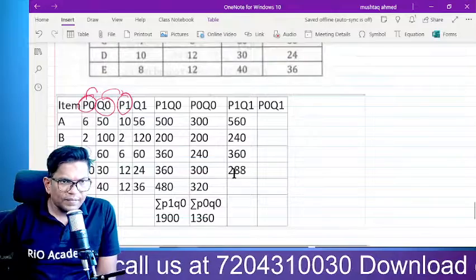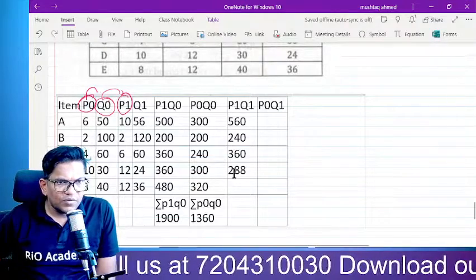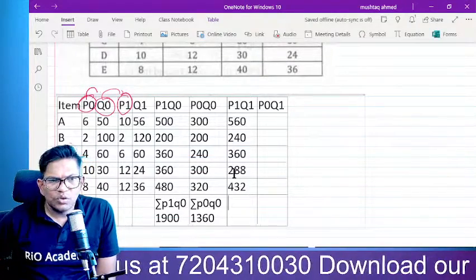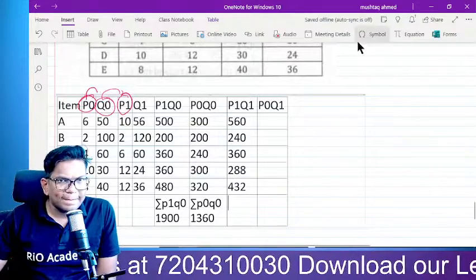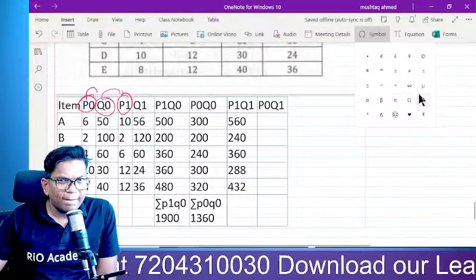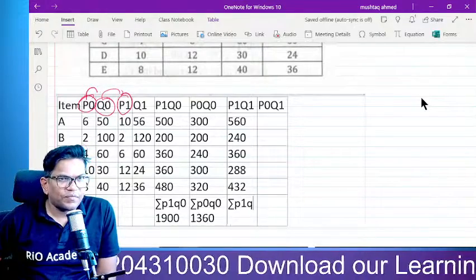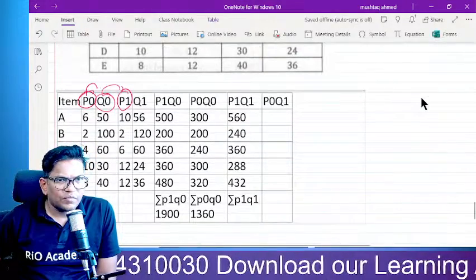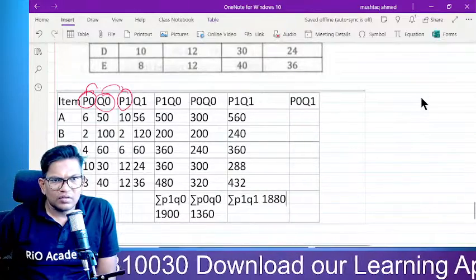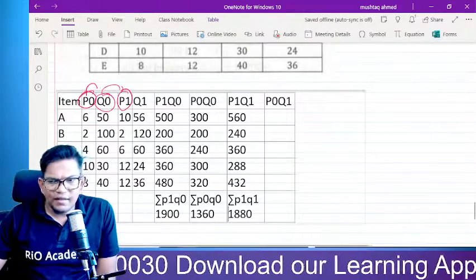Next, 432. Add up now: 1880. 1000, 880. Next is what?